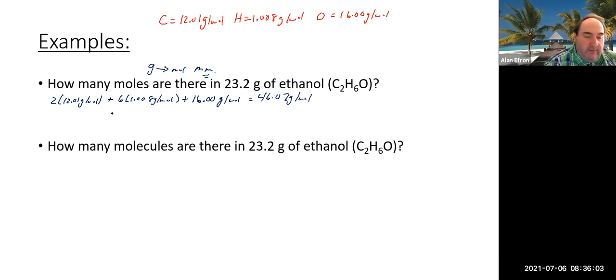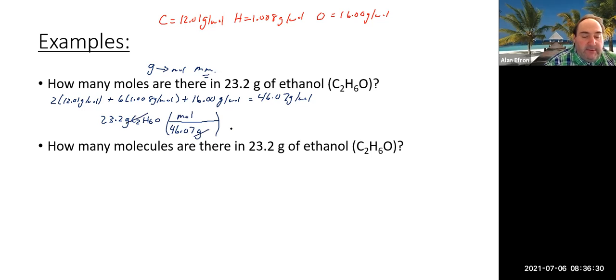So we will start with our 23.2 grams of ethanol. Dimensional analysis is the way you should be doing this, so you can see all the units correctly cancel. Grams on top, which means grams need to go on the bottom. Opposites cancel. Remember, the number always stays with the grams part, and when we do molar mass, it is always per 1 mole.